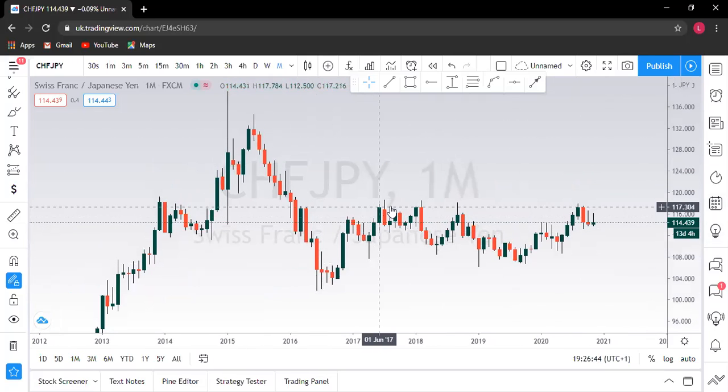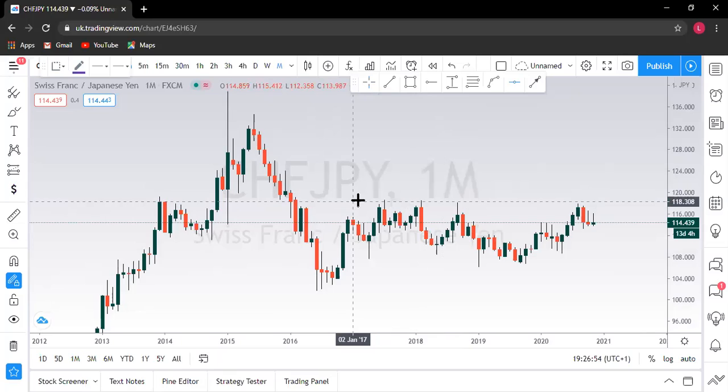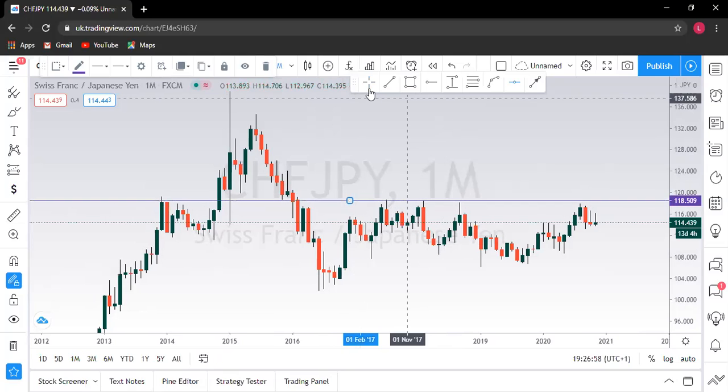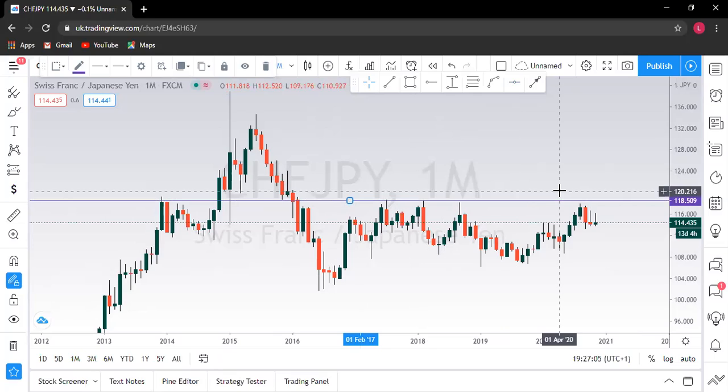You can see something like a resistance here. So you take your horizontal line or horizontal ray and draw it out. Now, as you can see, we have a resistance here that has made like 3 to 4 touches, based on the monthly time frame.